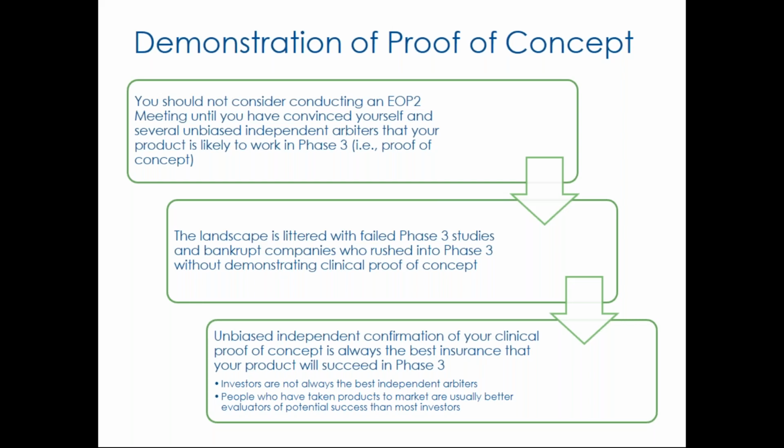So you should not consider going to FDA and meeting with them to discuss your development program at end of phase 2 until you have convinced yourself and all the key stakeholders, as well as independent, unbiased arbiters, that your product is likely to succeed in phase 3, and checking all the boxes to increase your likelihood of success and reduce the risk in your phase 3 program by having demonstrated clinical proof of concept. So again, an unbiased independent assessment of your program and of your clinical proof of concept is the best insurance that you can have going into phase 3.